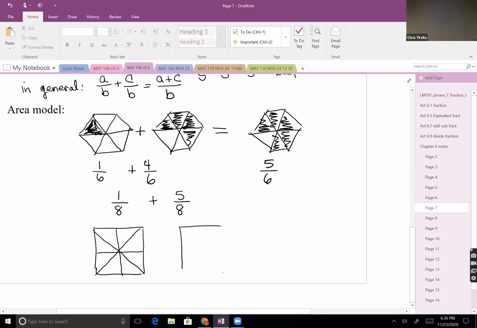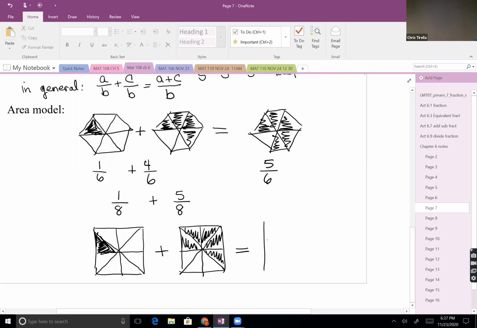And so that would be like a tray of eighths. And again, in order for this to work, my two squares need to be the same size. But I would have 1/8, and then I might want to add it to 1, 2, 3, 4, 5/8.